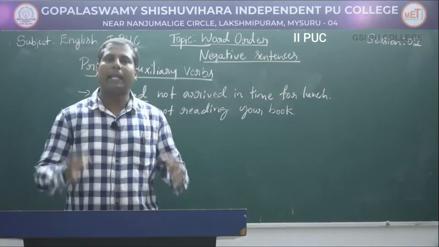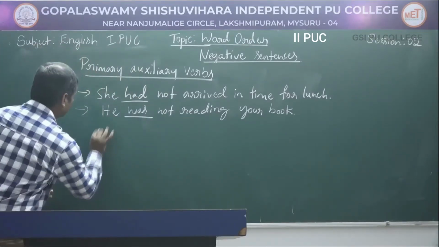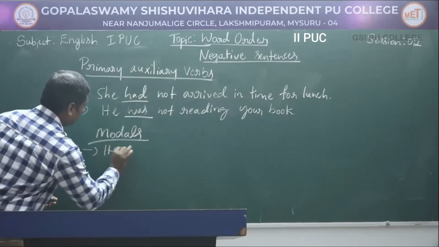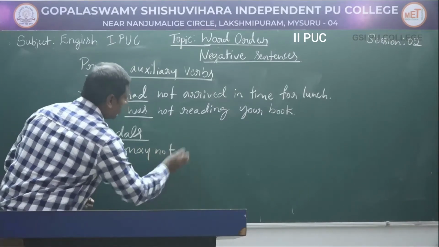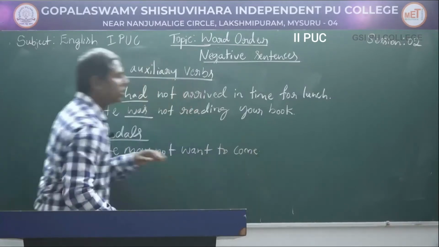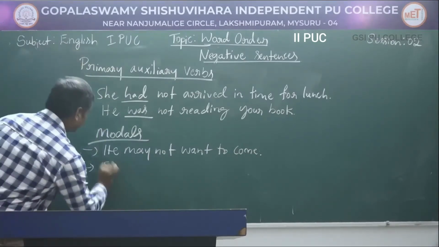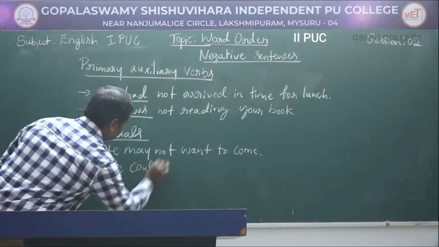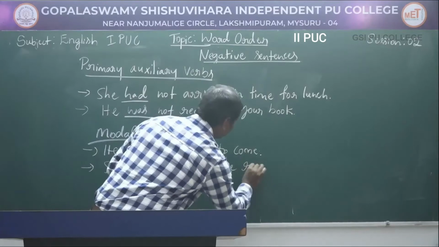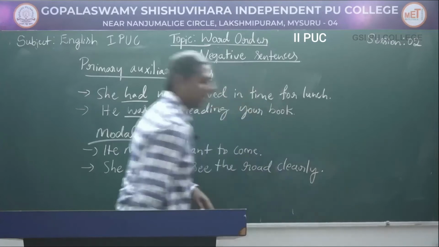And the word not can also be a part of modal auxiliary verb. For example, he may not want to come. In the next sentence, she could not see the road clearly.